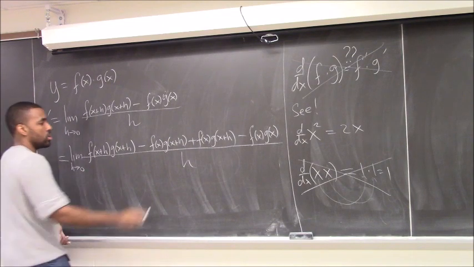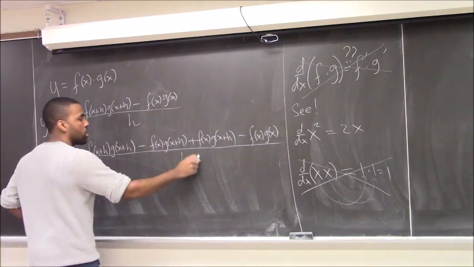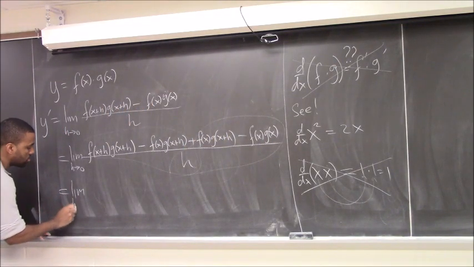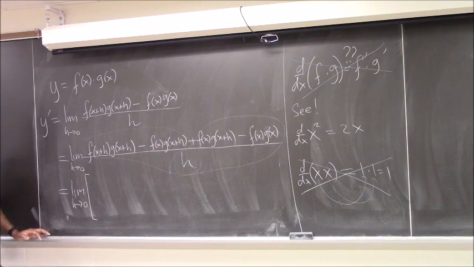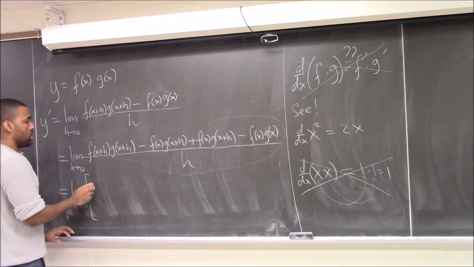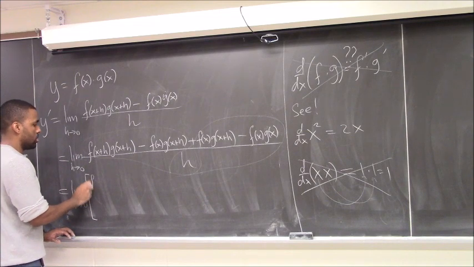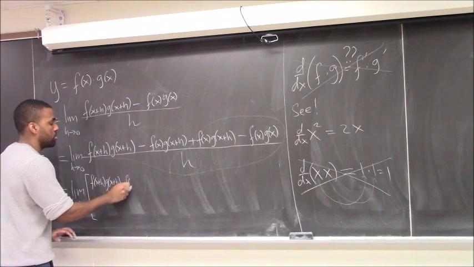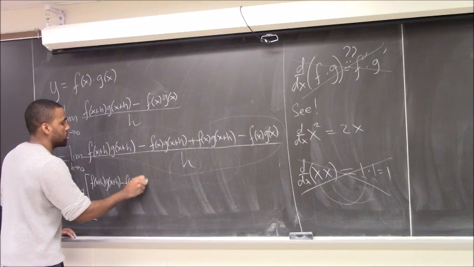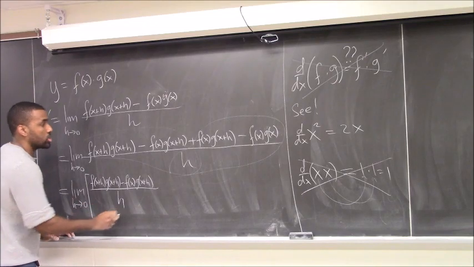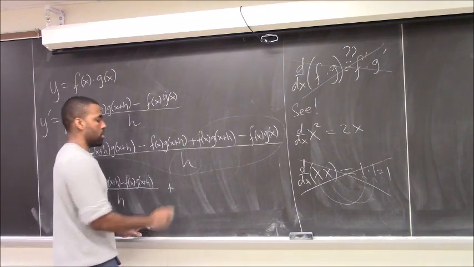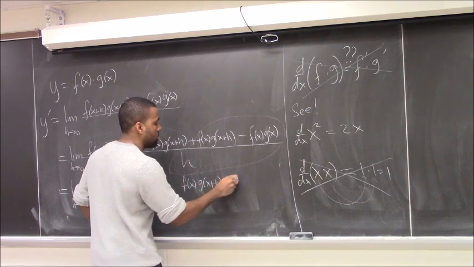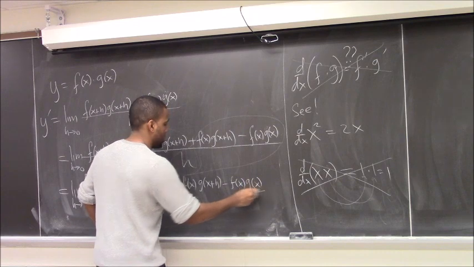What I'm going to do now is I want to split these fractions into 2 parts. So in the first fraction, I would have essentially f of x plus h times g of x plus h minus f of x times g of x plus h all over h, plus in the second fraction, I would have f of x times g of x plus h minus f of x times g of x all over h.